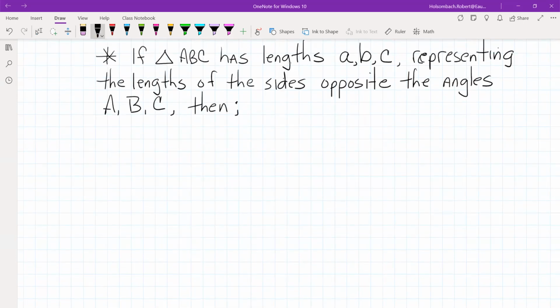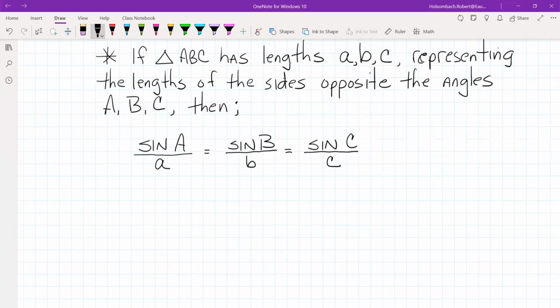The sine of angle A over side A is equal to the sine of angle B over side B, which is equal to the sine of angle C over lowercase c.